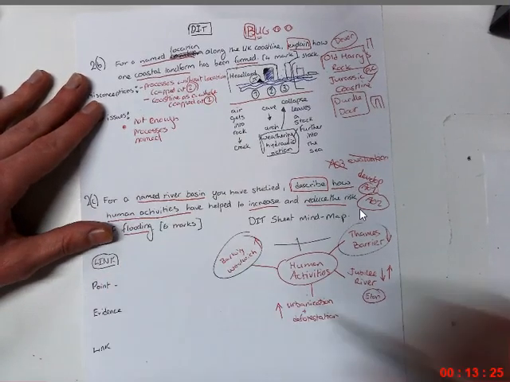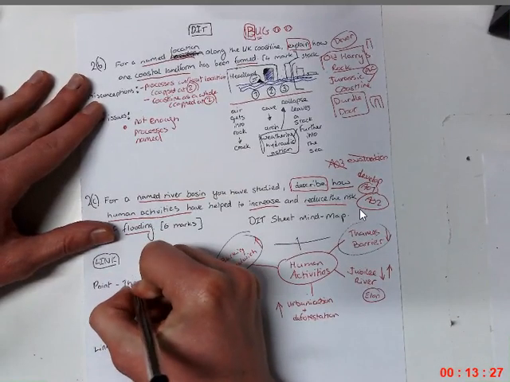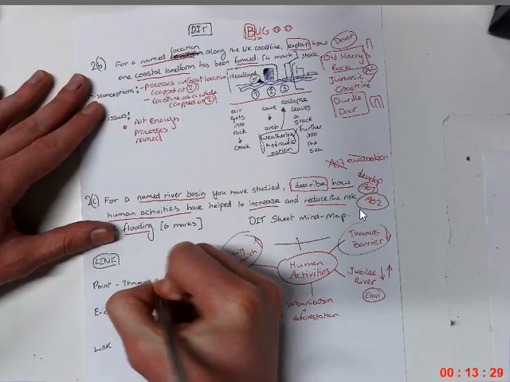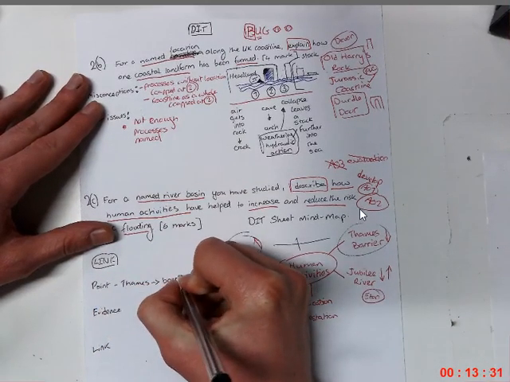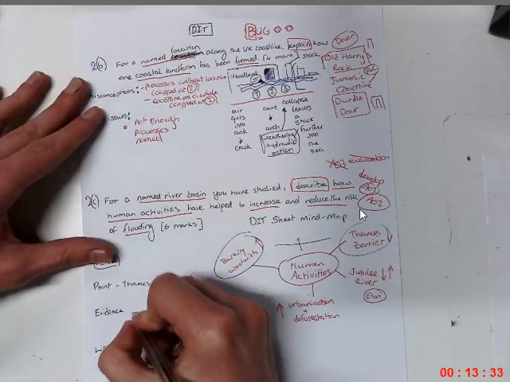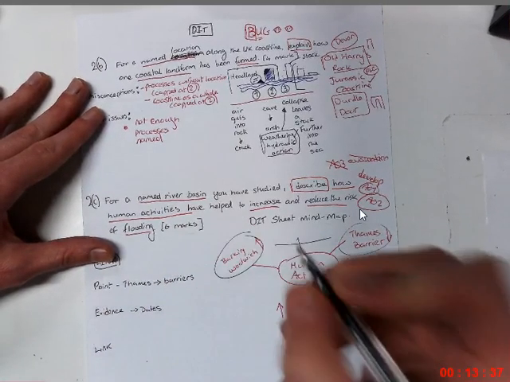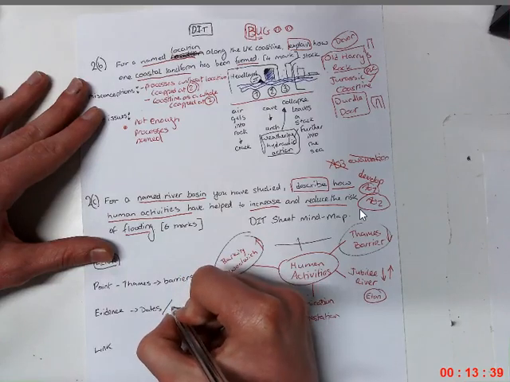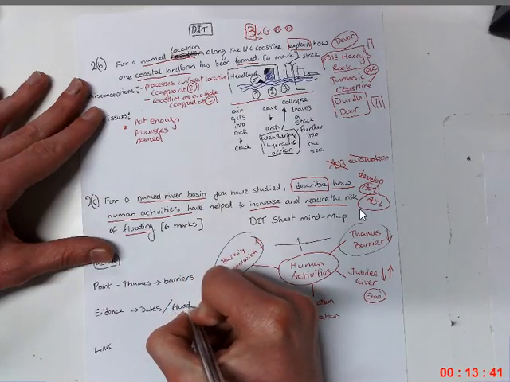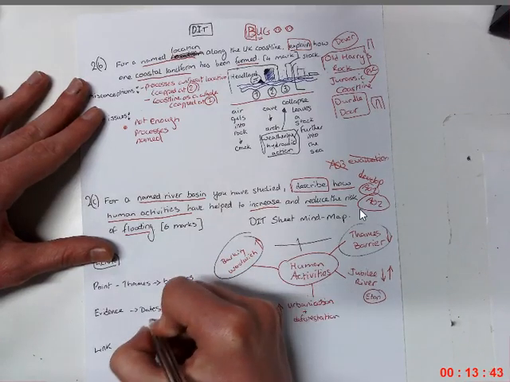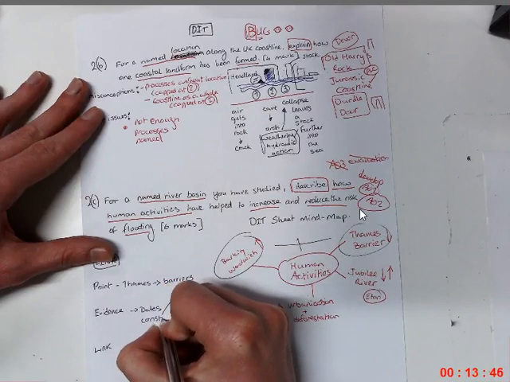Point is going to be that along the River Thames you've got barriers such as the Thames Barrier, and you can give the dates down here. What are your dates for the creation of the barrier? When has the barrier flooded? So when was it flooded? When was it constructed even?